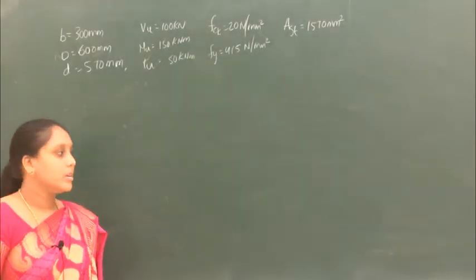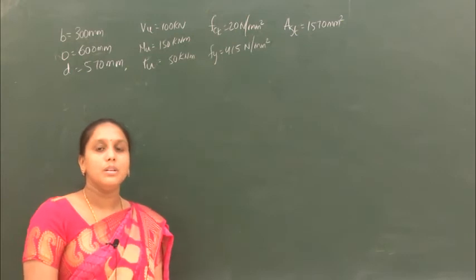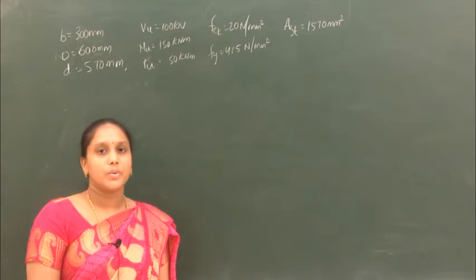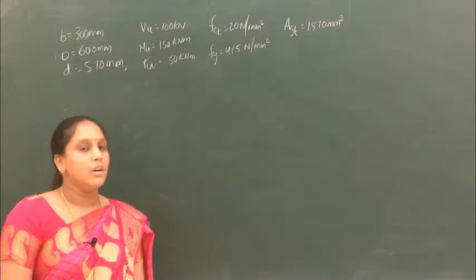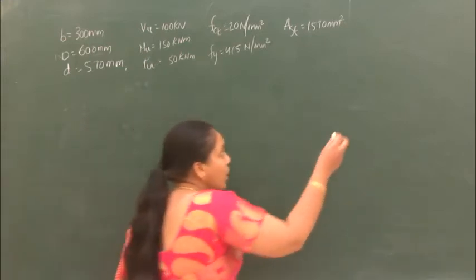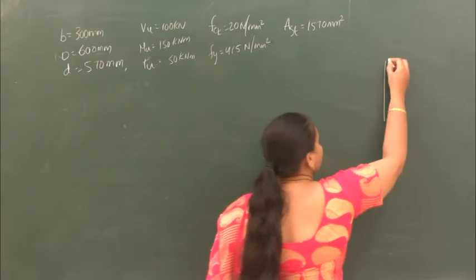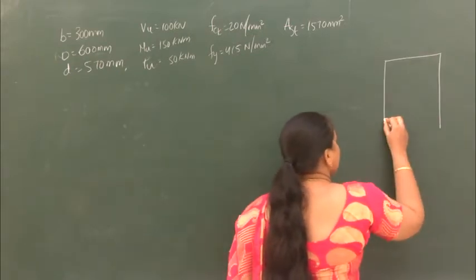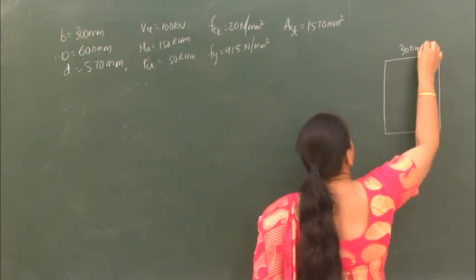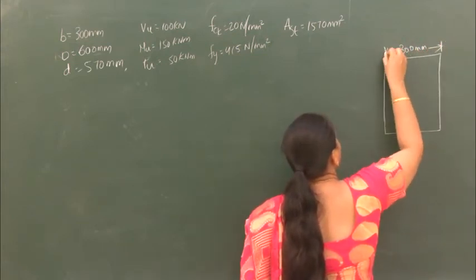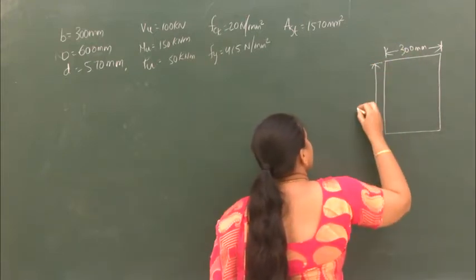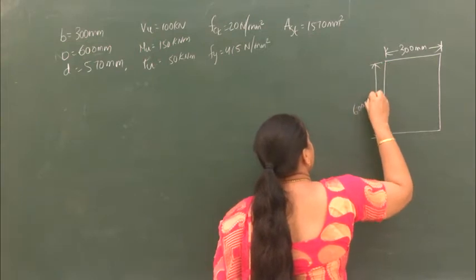Now we have found out the longitudinal reinforcement, and we have provided it. So what is the longitudinal reinforcement we have provided in the beam? If this is the beam section, the width of the beam is 300 mm, the overall depth of the beam is 600 mm.